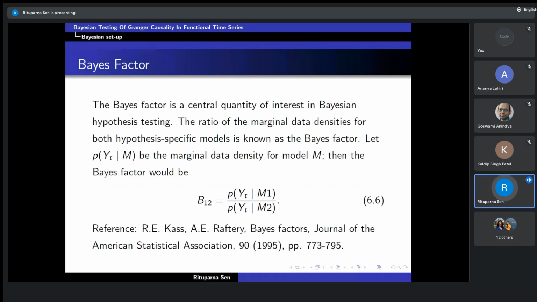And what we will use here is what is called the Bayes factor. The Bayes factor is central in Bayesian hypothesis testing. It is the ratio of the marginal data densities for the two hypotheses. Okay? So let p(Y_T | M1) be the marginal of Y_T. Here we integrate over all the parameters and look at the marginal of the data under the first model, and the ratio of that to the marginal under the other model.